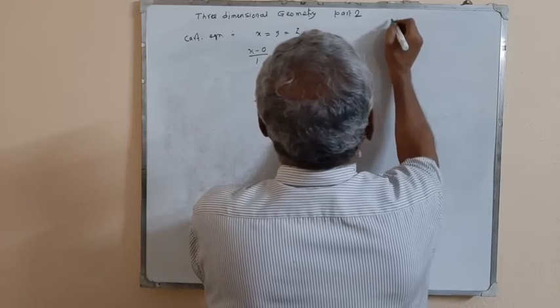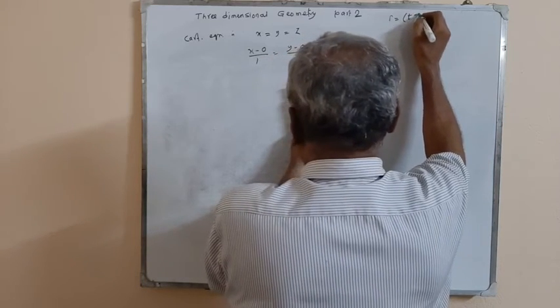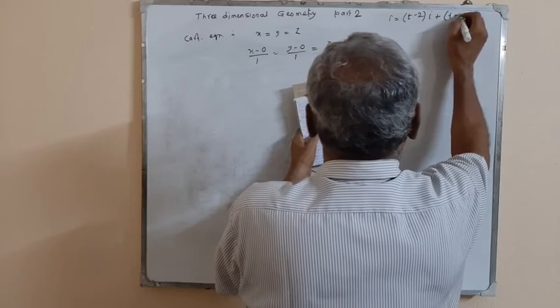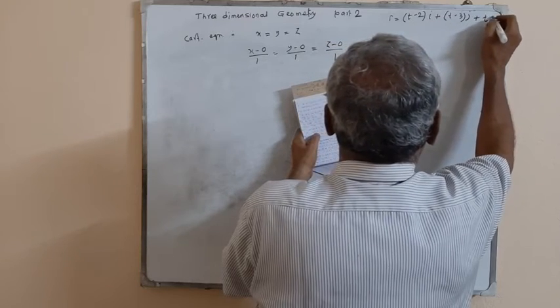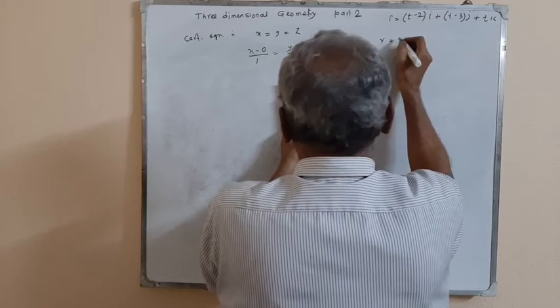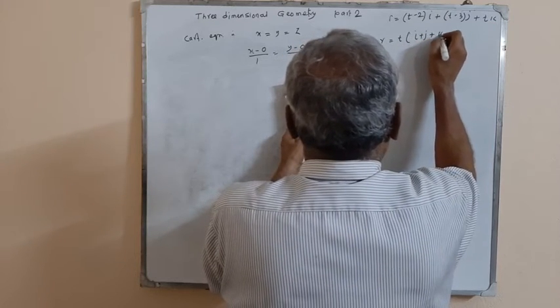Options: r is equal to t minus 2 into i plus t minus 3 into j plus tk. Second option is r is equal to t into i plus j plus k.